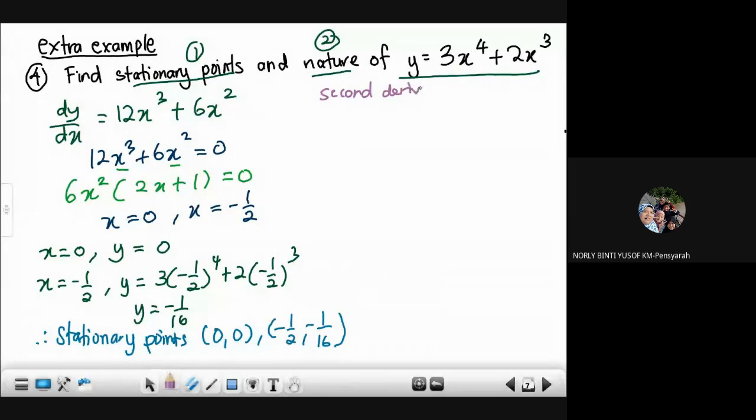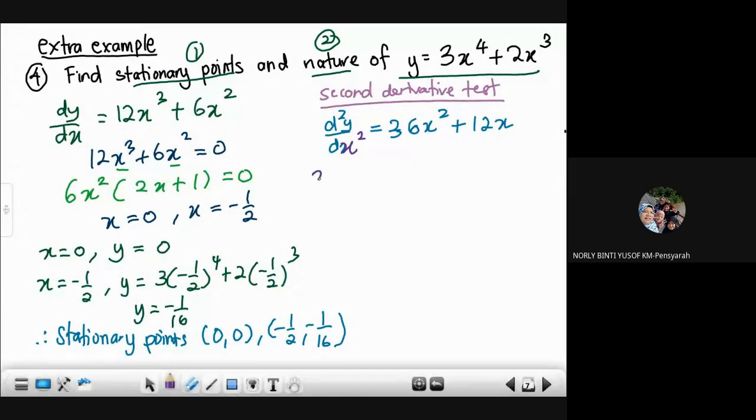Second derivative test. Differentiate. Second differentiate, second order. Daripada first order dapat 36x kuasa 2 sebab 12 kali 3, 6, 12x kuasa 3 pula. Lepas tu you masukkan you punya titik in the second order.